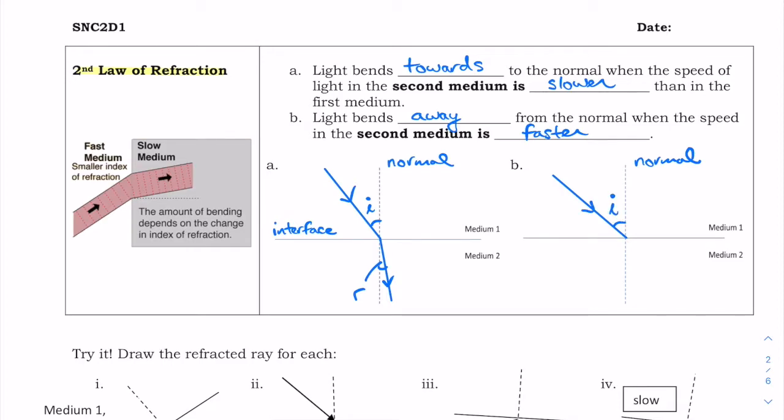If light travels faster in medium 2, it'll bend away from that normal, like so. Just to summarize, in the first scenario, the angle of incidence was greater than the angle of refraction, whereas in the second case, the angle of incidence is less than the angle of refraction.